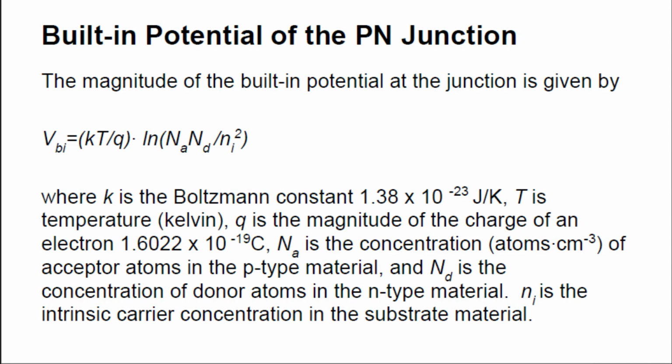And Nd is the doping concentration of, say, the phosphorus atoms in the N-type material. The units for the doping concentrations are commonly given as atoms per centimeter cubed. They could be given as atoms per meter cubed, and ultimately you could use either one, and we'll talk a little bit more about that in the example that's coming up.